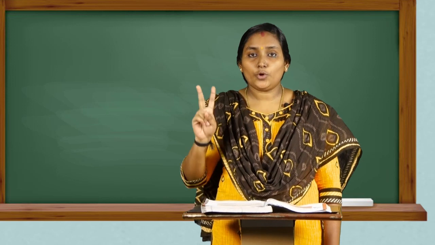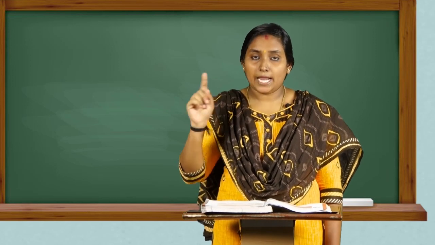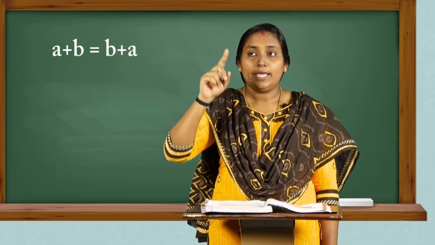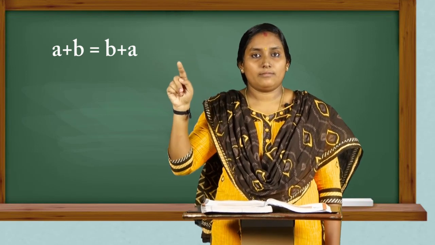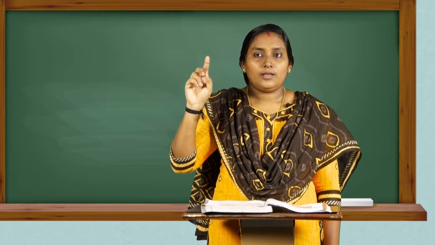Next, rational numbers. Shall we check whether rational numbers are commutative or not? If we take two rational numbers, A and B, A plus B gives B plus A. So in addition, the rational numbers are commutative.